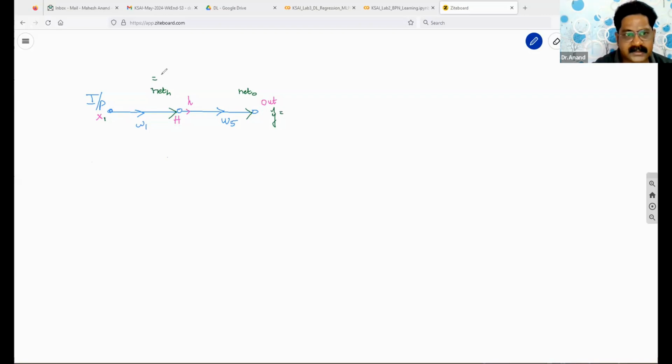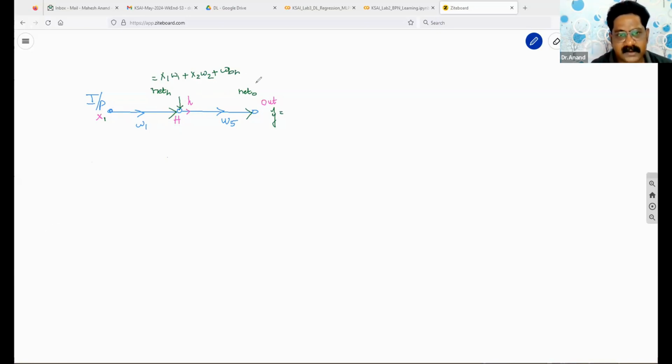How do we write net h? x1 times W1 plus the second input, which is connected to this node via W2, so x2 times W2, which is not visible here, plus a bias over here, right? So we'll call this W bias at the hidden.